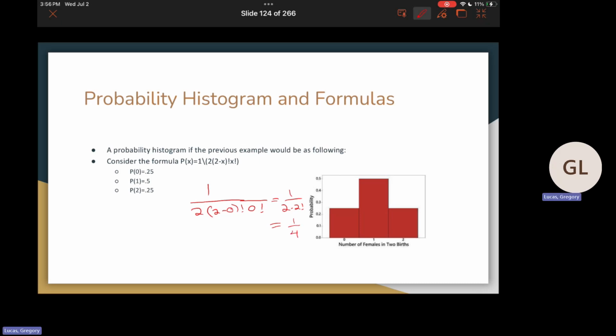So this is just 1/4. A little more complicated than we'll talk about, but this formula does work. So we can take the probabilities we have here of 1/4, 1/2, and 1/4, and we can do it as a histogram as well. So instead of frequency, it's probability instead.